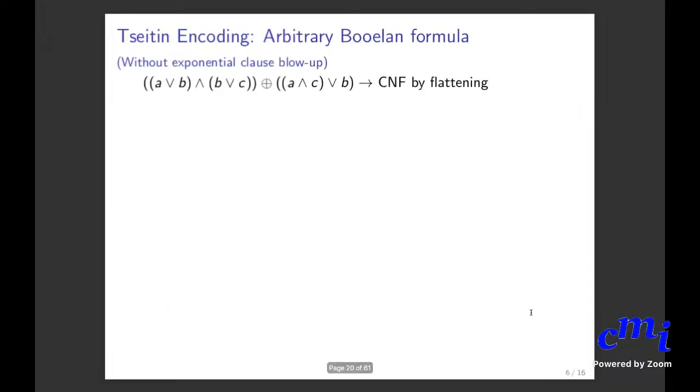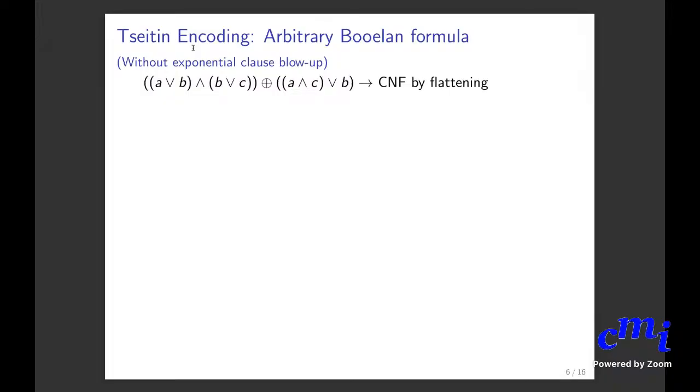For that, there is some kind of an encoding. If you have a propositional formula representing a Boolean function that is not in CNF form, where does the blow up come from? I'm counting the blow up in the number of clauses that you need in the CNF form.